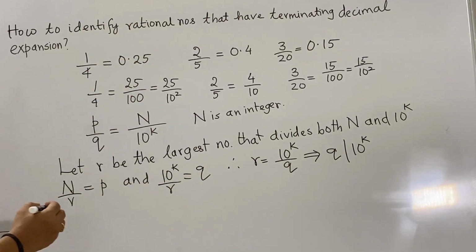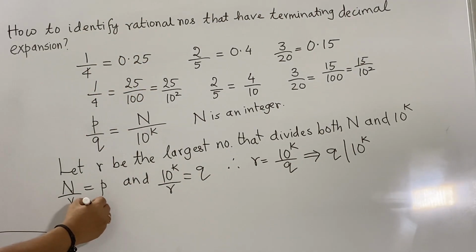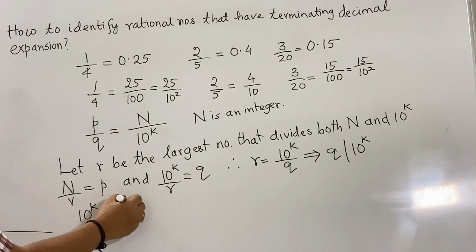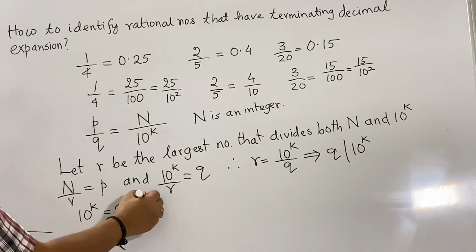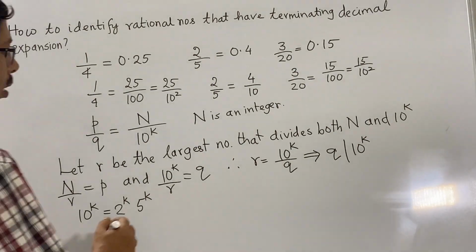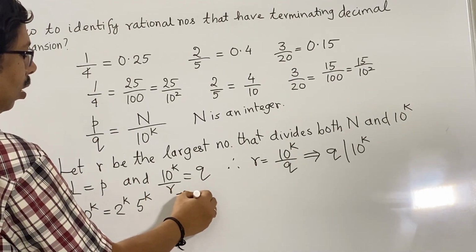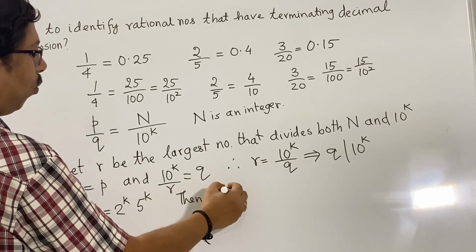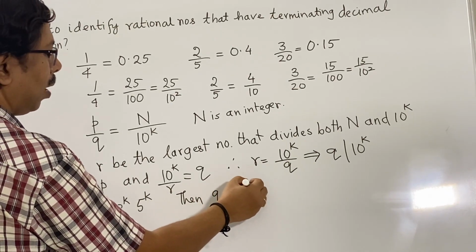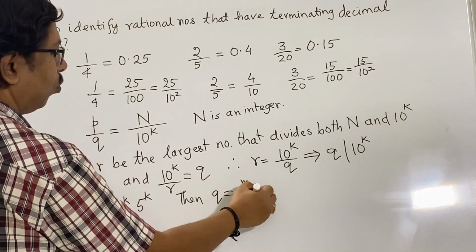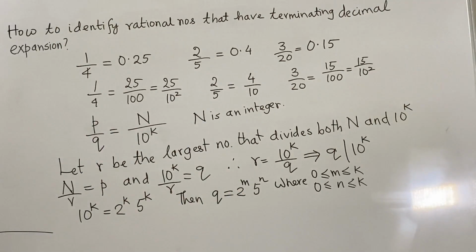Now, 10 to the power k can be written as 2 to the power k into 5 to the power k. And if q divides 10 to the power k, then q must be of the form 2 to the power m into 5 to the power n, where both m and n would lie between 0 and k.